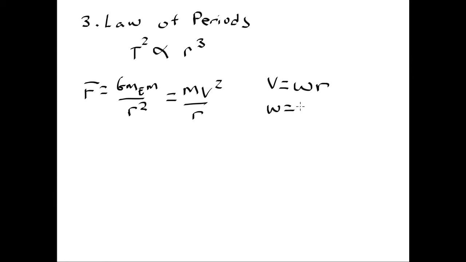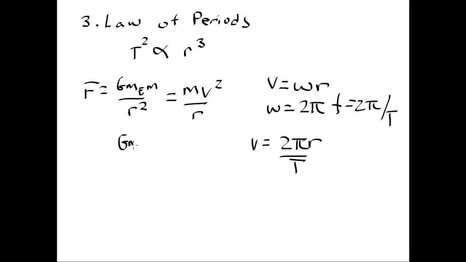We know that the velocity equals omega times r from rotational motion, and we know that omega equals 2 pi times the frequency, and the frequency is the inverse of the period, so 2 pi over period. So we ultimately find that velocity is 2 pi r over the period. And now that we know v, we can plug that into v squared.